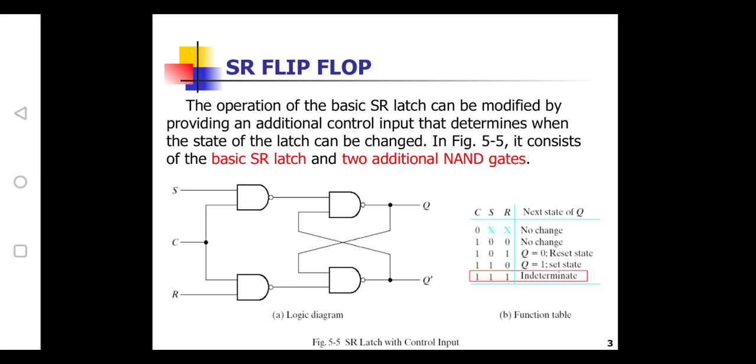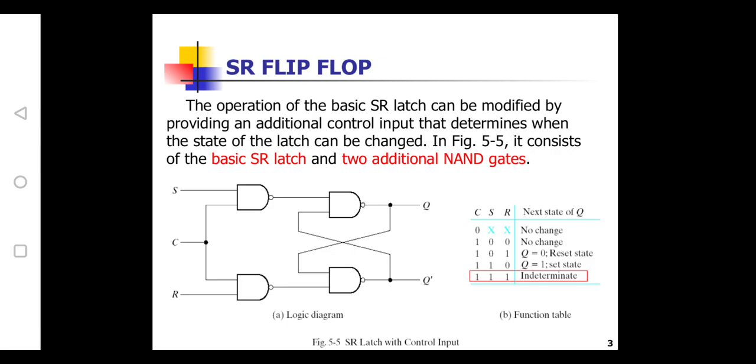Whenever we are performing an operation, we need to observe that Q should always be the complement of Q bar. But in the last condition, when S is 1 and R is 1, we are not getting Q and Q bar as complements. Instead, we are getting the same value. Such a value is not a correct one, and it is called an invalid condition or indeterminate condition.